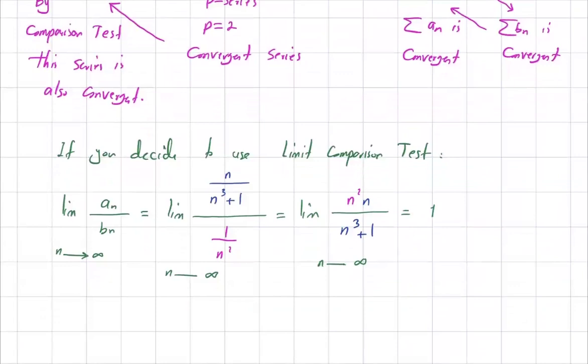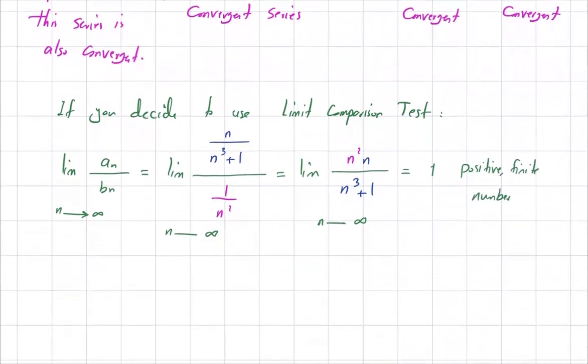And since 1 is a positive finite number, by limit comparison test, the summation of an and the summation of bn have the same convergence, divergence behavior.